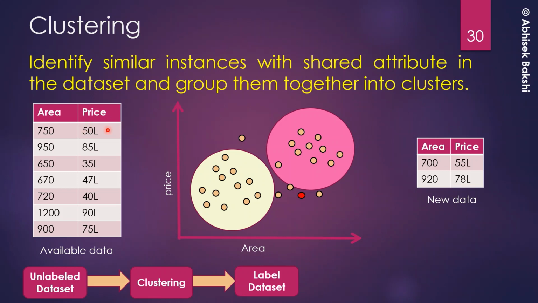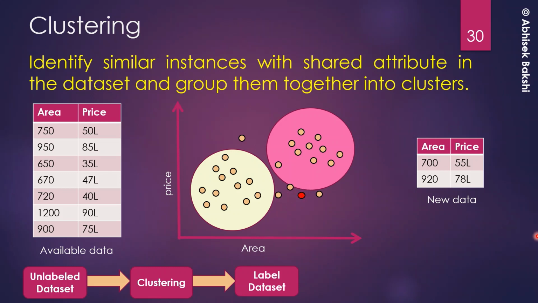You don't know which one is spam or not spam, so you can say that it can follow either of these patterns, and if you know the label of this particular cluster, maybe you can say the label of this new data will be something like that.